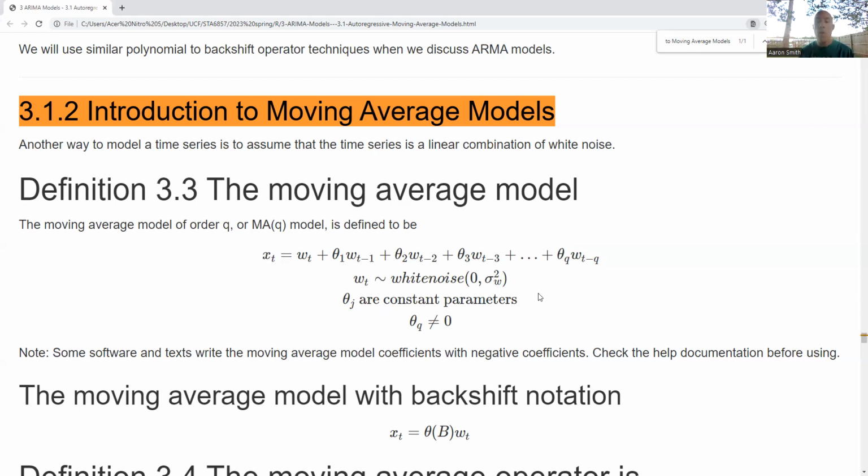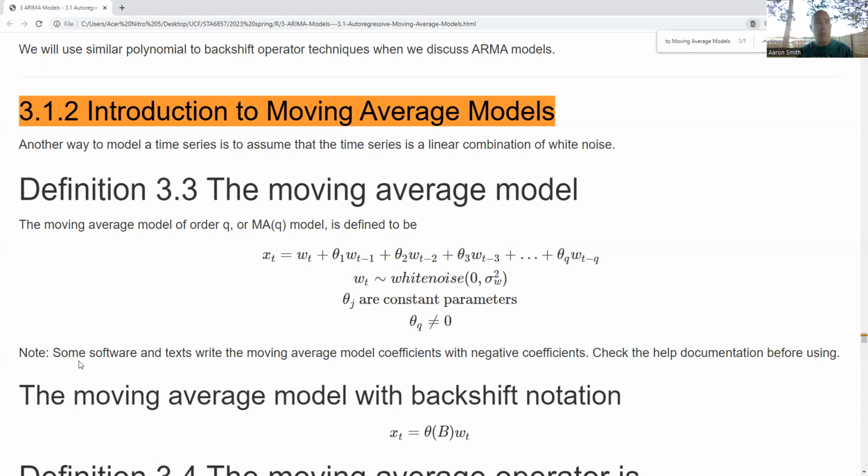Now, some textbooks will have negative values in front of the coefficients. Instead of having a plus, they'll have a minus. If you see this, it's just a different buildup. The mathematics will take a little bit of tweaking, but not much.